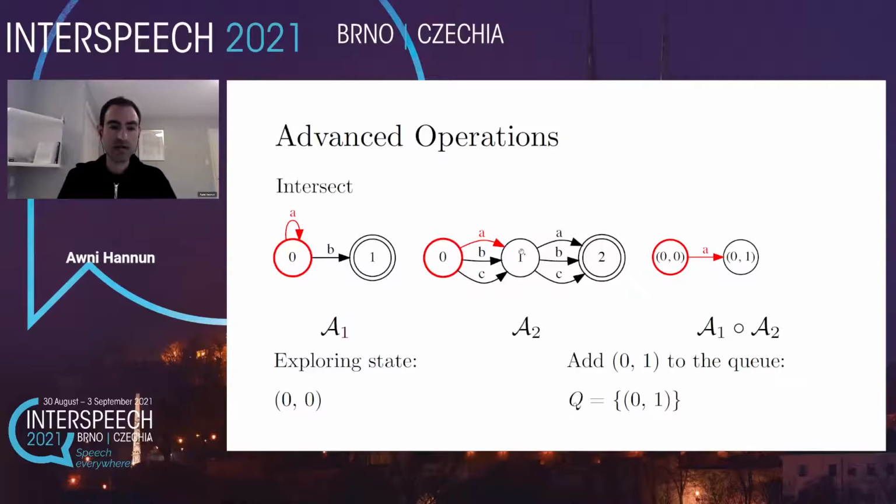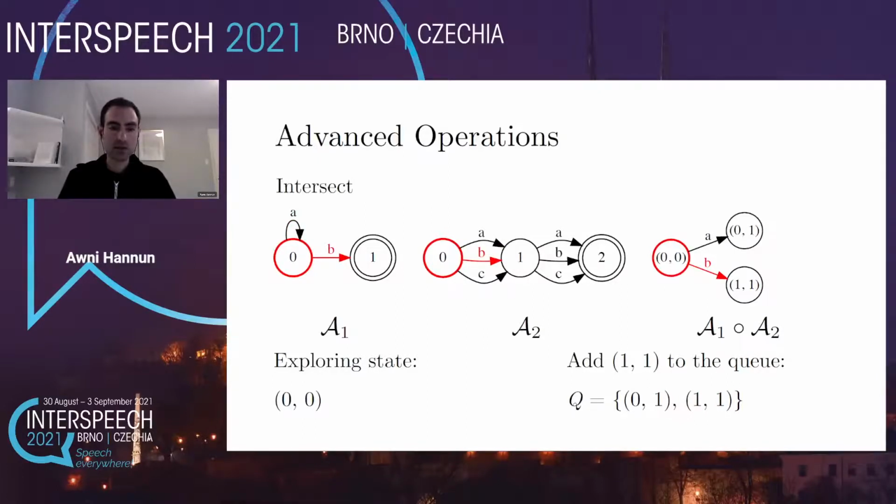And so we add the state pair 0, 1 to our new graph as a state, but also to the queue as a new state to explore, since we've never been in that state in the new graph before. So now our queue has just the state 0, 1, and we're exploring state 0, 0. Let's see if there's any more arcs that we need to explore.